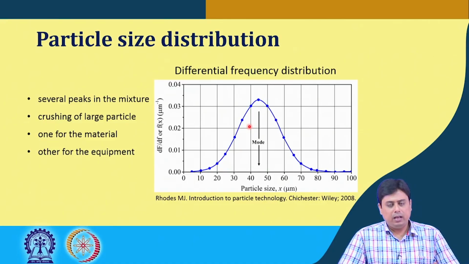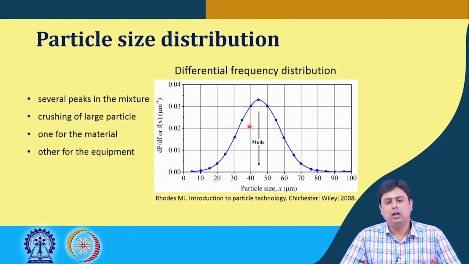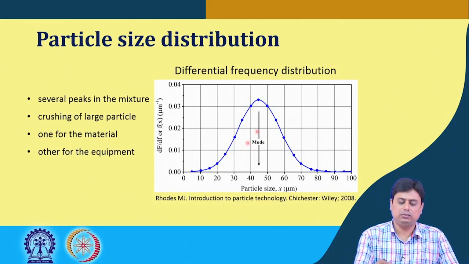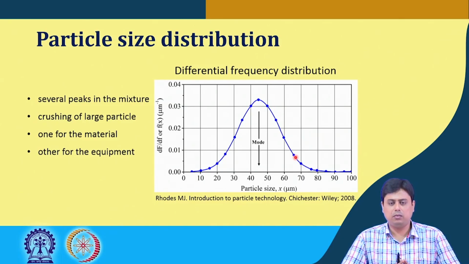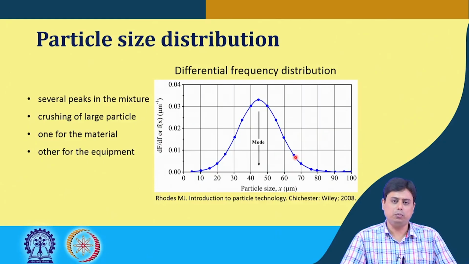So, typically what happens when we crush larger particles, there are two peaks we can see in such a graph. One peak is for the material and its characteristics, the other peak represents the equipment by which we are crushing those particles; that is a characteristic peak for the equipment.